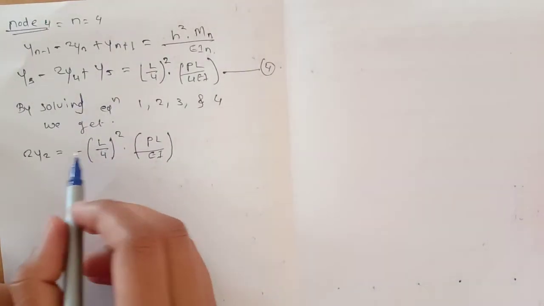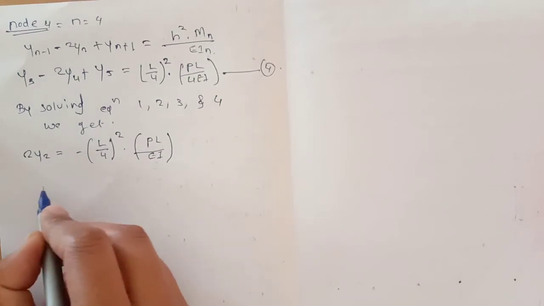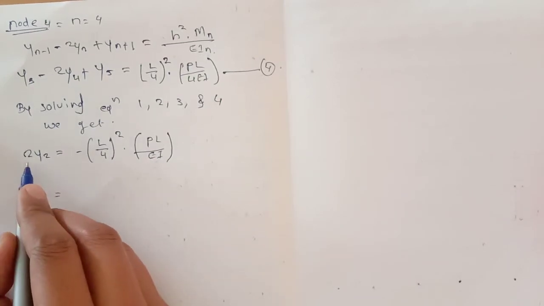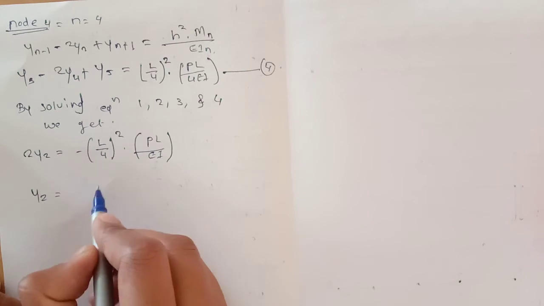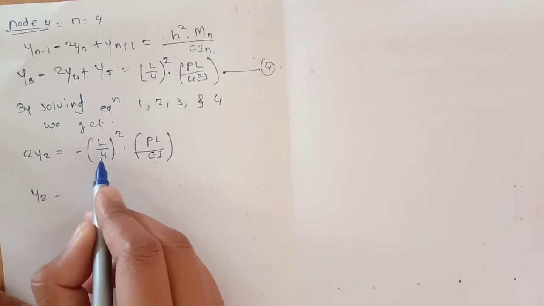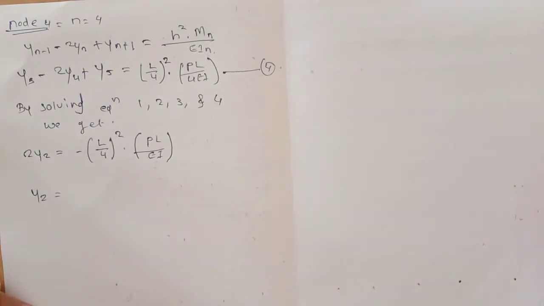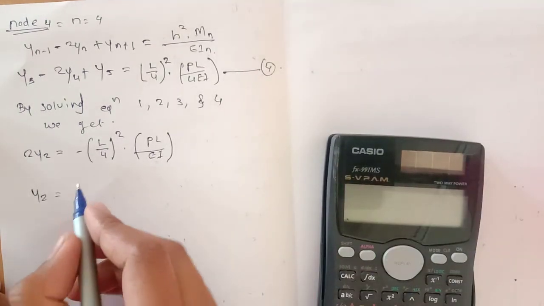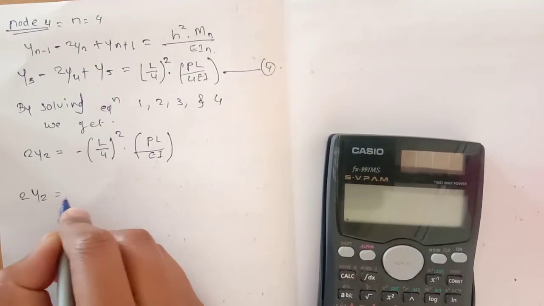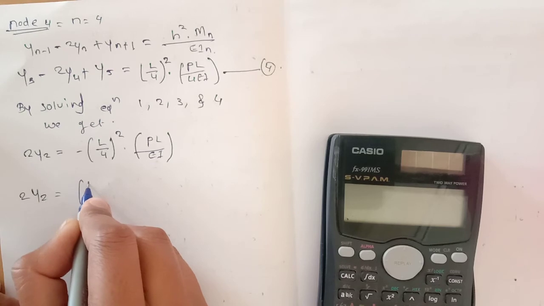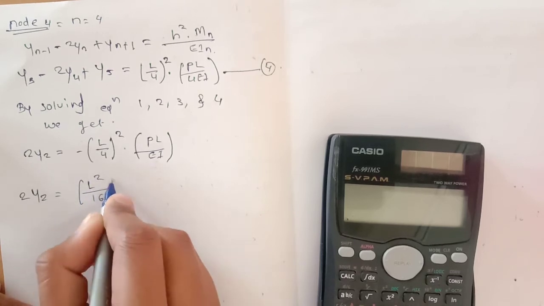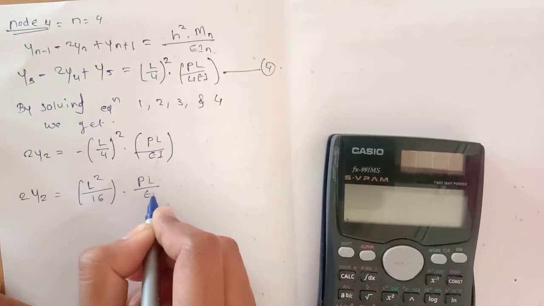Then solve this equation. So here L square, then 4 square is 16, 2y2 is equal to L square divided by 16 into PL divided by EI.